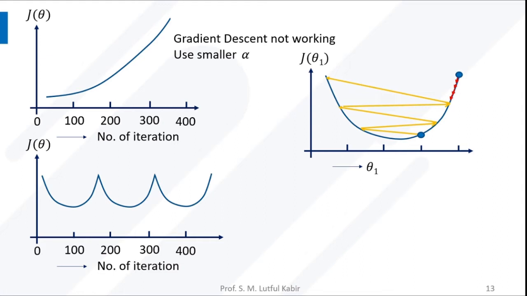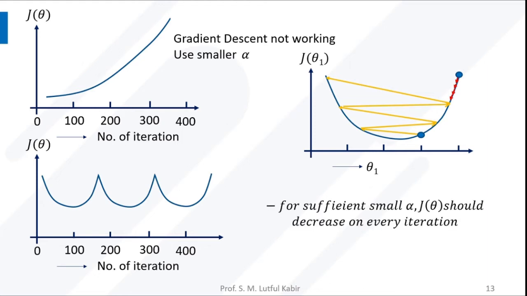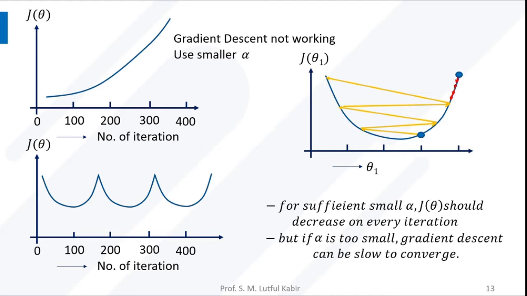So both are problems, and you have to have a small value, at the same time a reasonable value of alpha, so that it converges at a faster rate. For sufficiently small alpha, J(theta) should decrease on every iteration, that is the requirement. But if alpha is too small, gradient descent can be slow to converge.